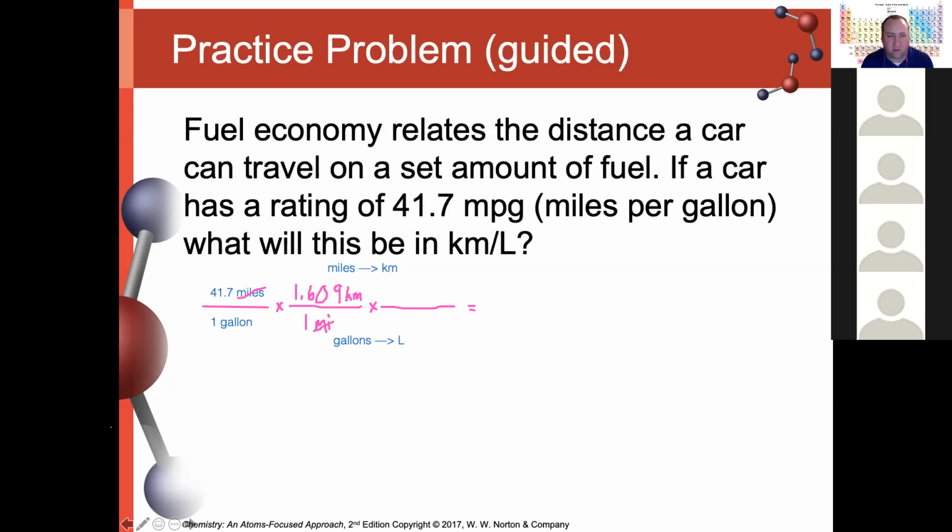We're left with the kilometers that we wanted. For the gallons to liters, we had 1 gallon, and that is equivalent to 3.785 liters. And again, we wanted to make sure that the gallons canceled. So I had gallons in the denominator here, and I want to make sure it was in the numerator there, so they canceled.